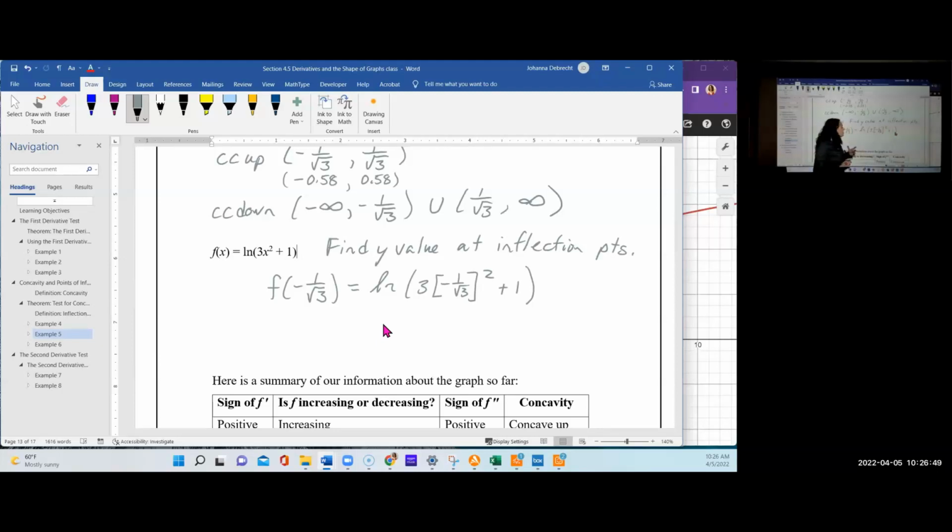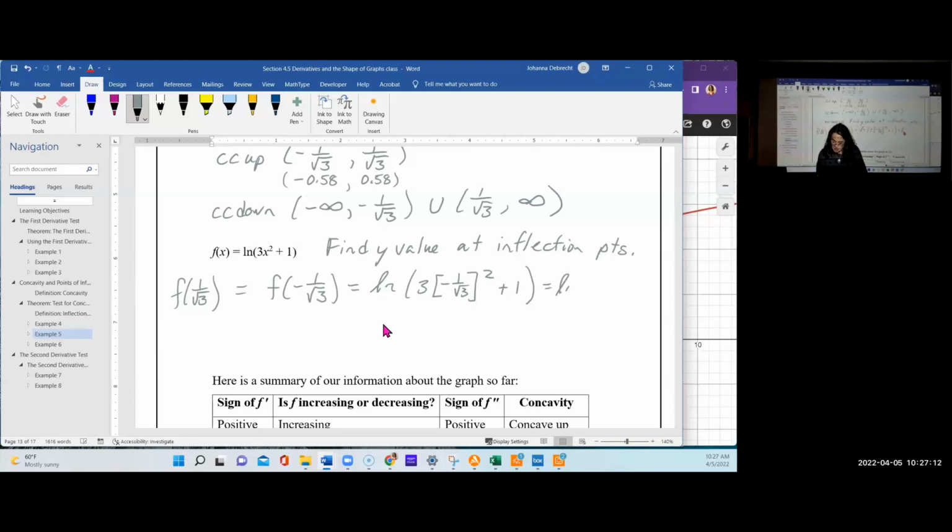Now, because it's squared, it's actually not going to matter if we have negative 1 over the square root of 3 or 1 over the square root of 3. When we square them, they both become 1/3. So this, in fact, is going to also be equal to the value of f of 1 over the square root of 3. They'll be identical.